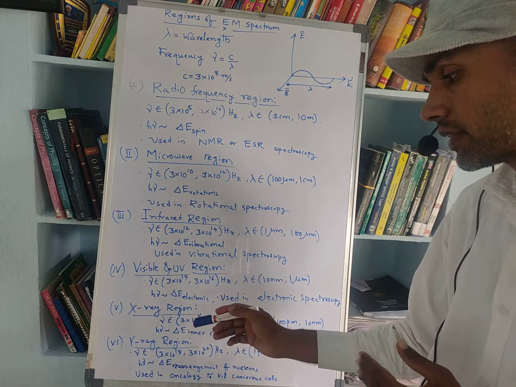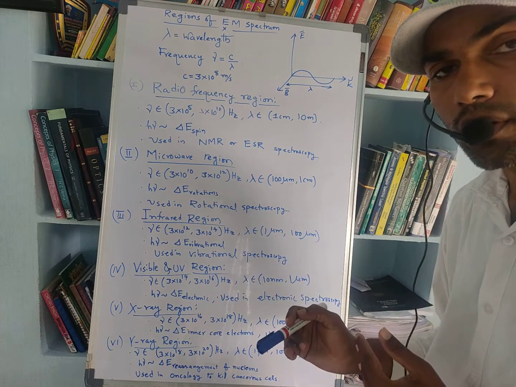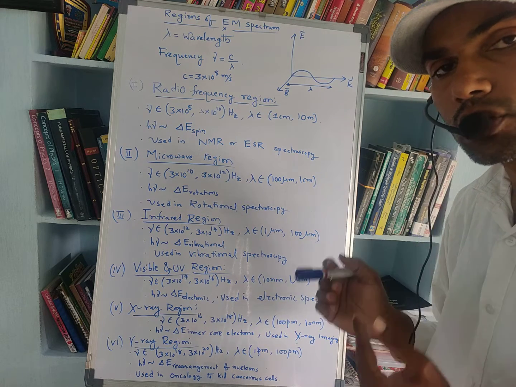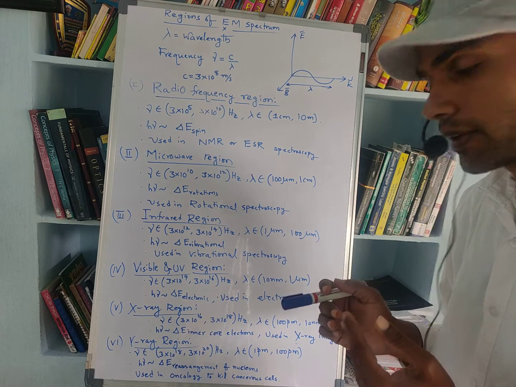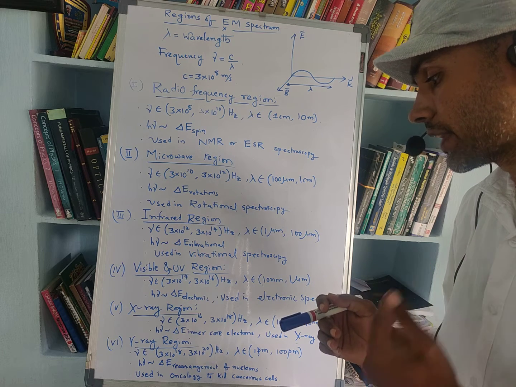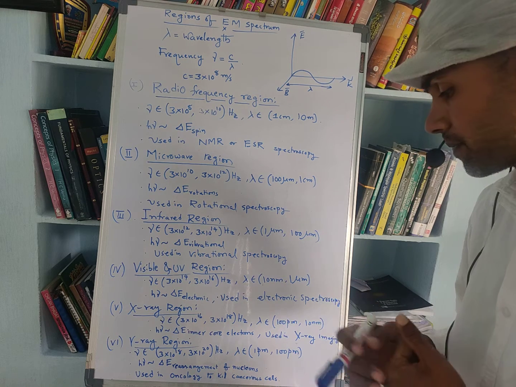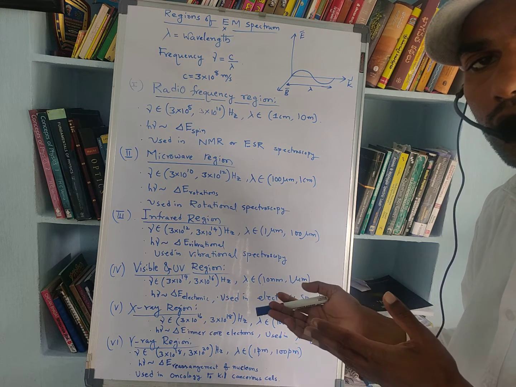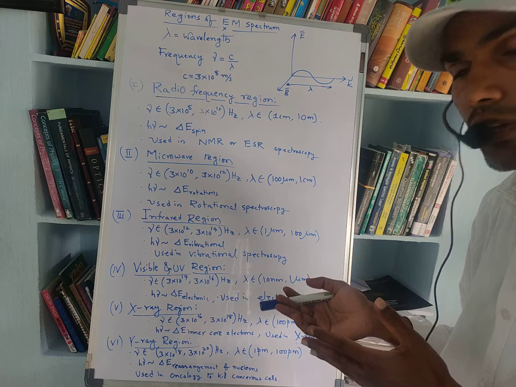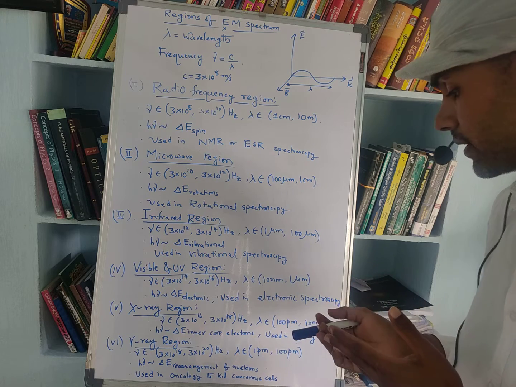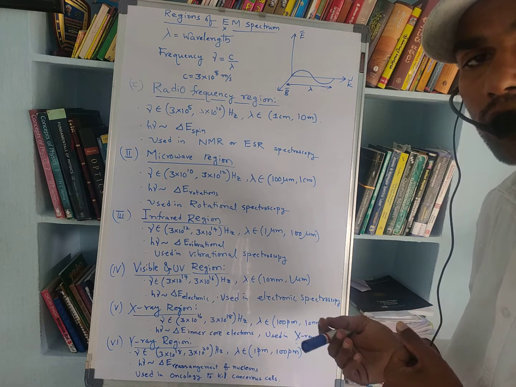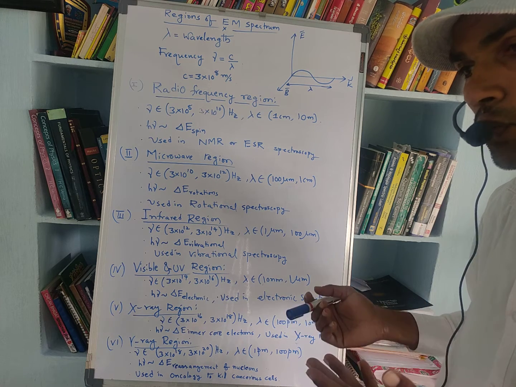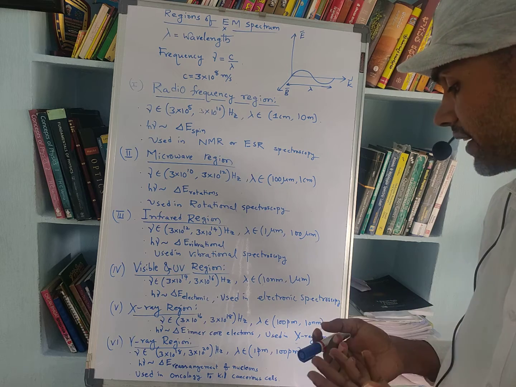The energy of photons of this region will be of the order of change of energy of an atom that happens because of inner core electron rearrangement. This radiation can be used in X-ray imaging. We can use it to image things and obtain an X-ray image.